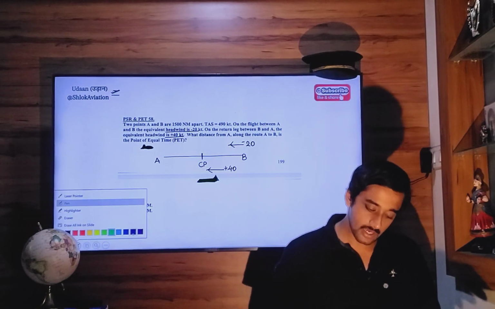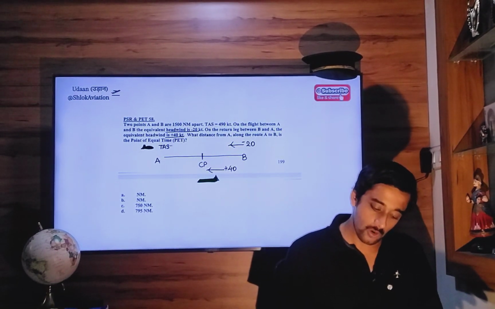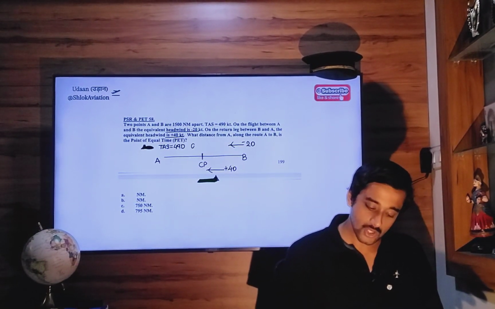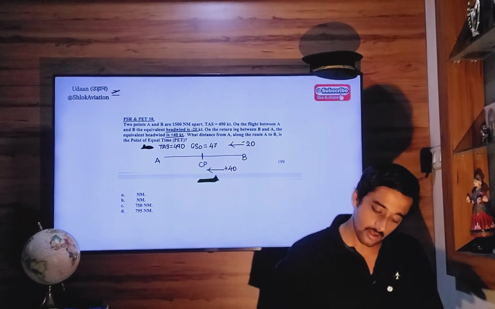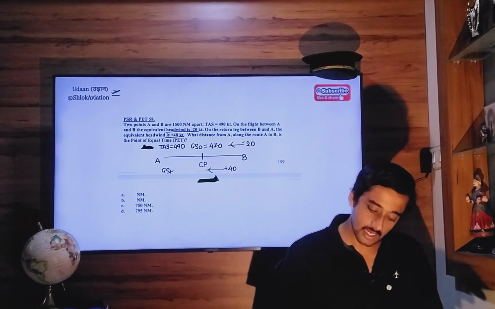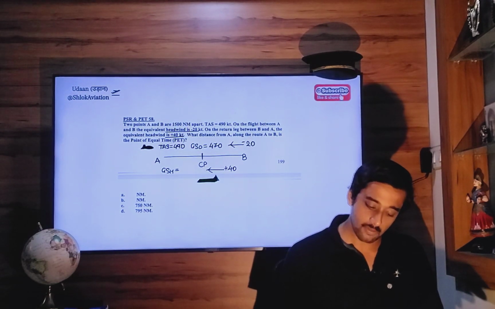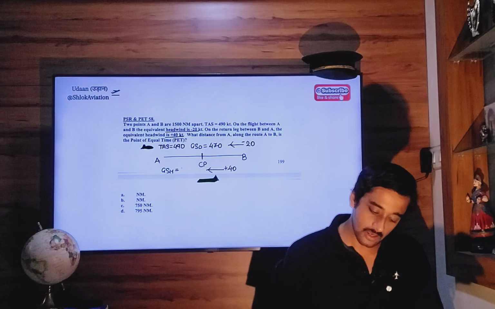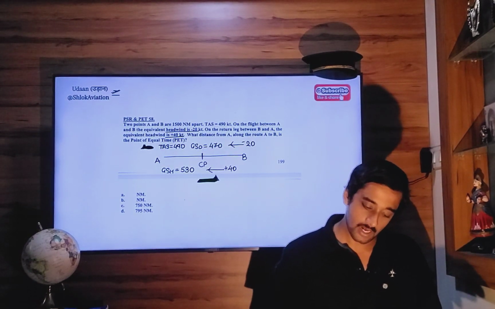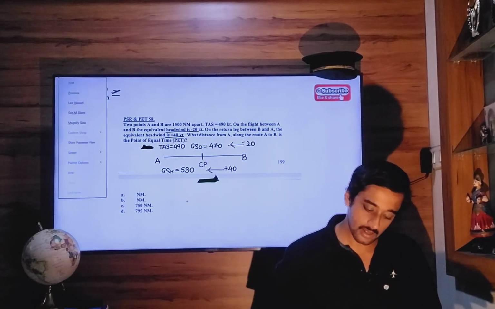So true airspeed is 490. So outbound ground speed is 490 minus 20, 470. Homebound ground speed is 490 plus 40, 530. So let's find out distance to critical point.